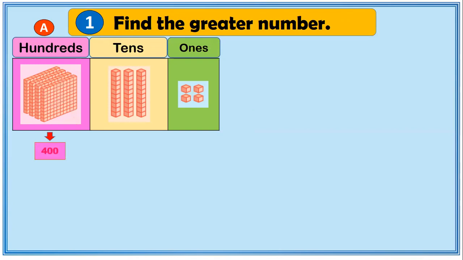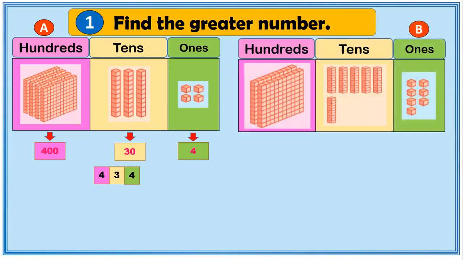Then we have 3 cubes of tens or 30. And then we have 4 cubes of ones or 4. So all in all, we have 434 cubes.